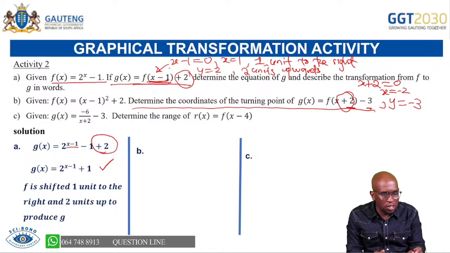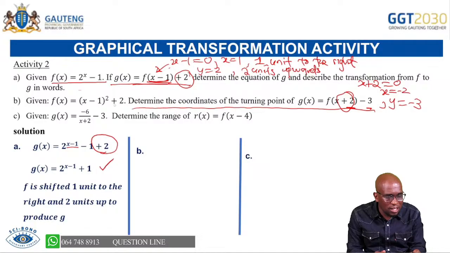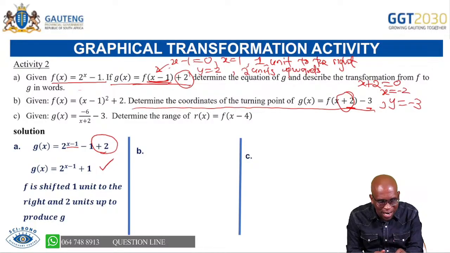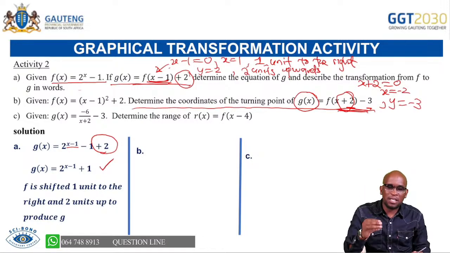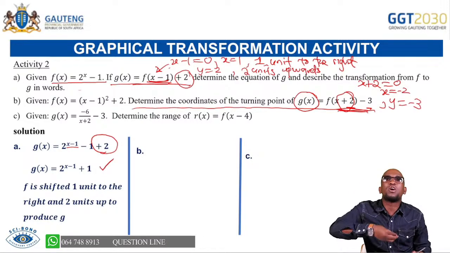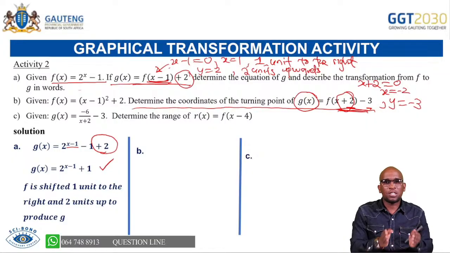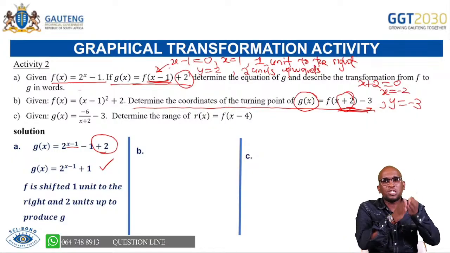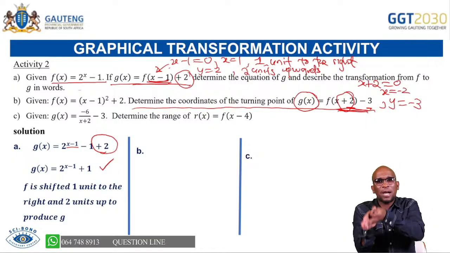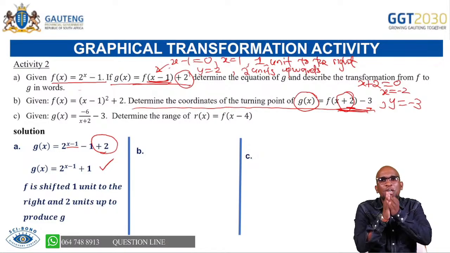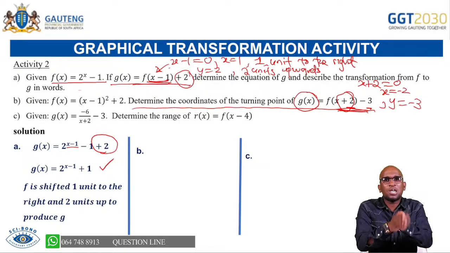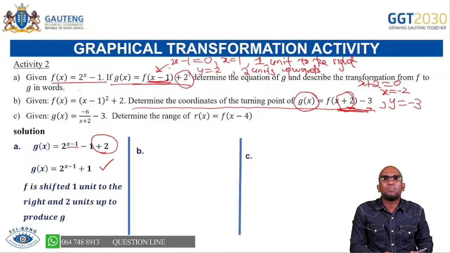Another method would be to write down the equation of the new function g. Writing down the new equation, and then after that you determine the new turning point from the new equation. So it's either we are going to write the original turning point and we apply the transformation to it, or we write down the new equation, transformed equation, and then we determine the turning point from it.